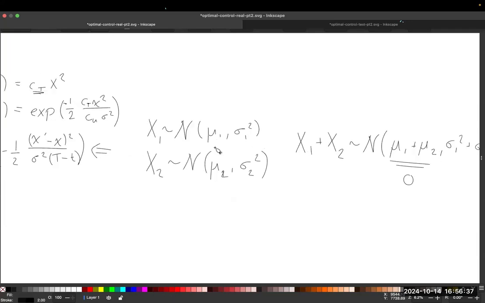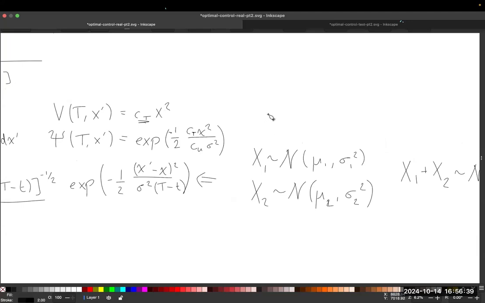And we can also add our variances to figure out what our output variance is going to be. So here we have variance of Cu sigma squared over Ct, to which we add this variance over here, which is going to be sigma squared times T minus t.